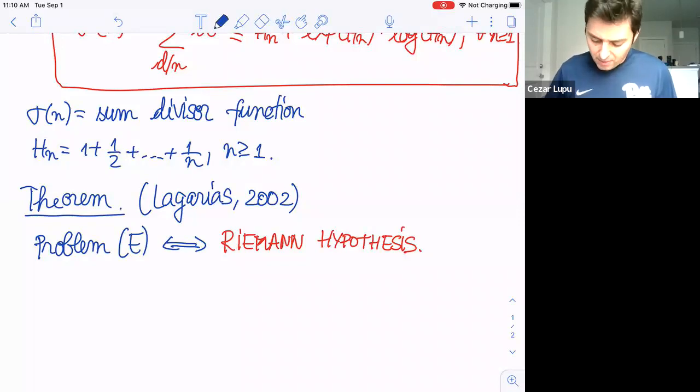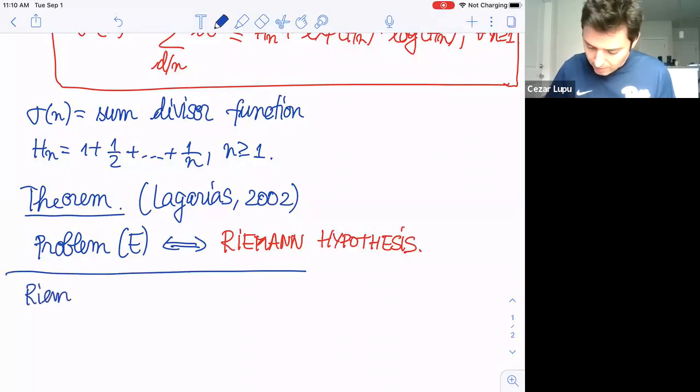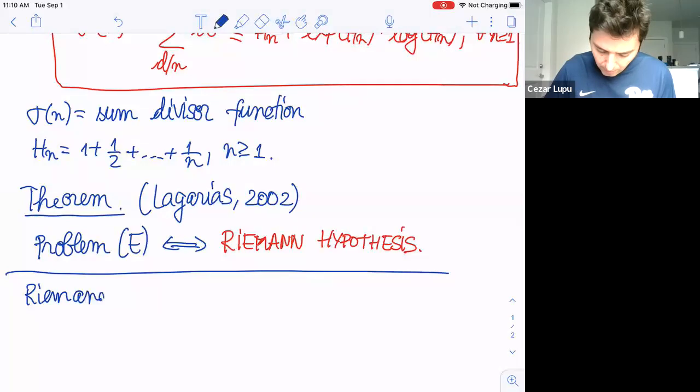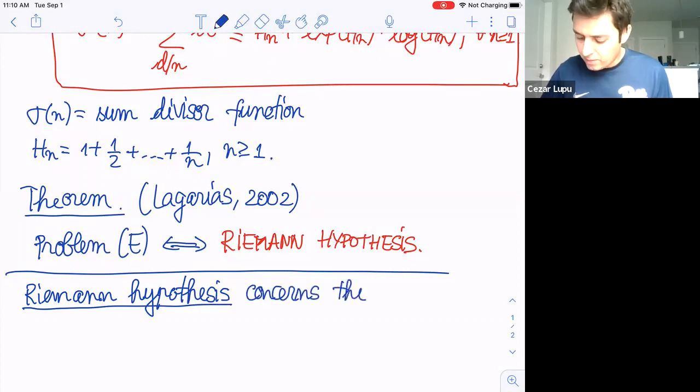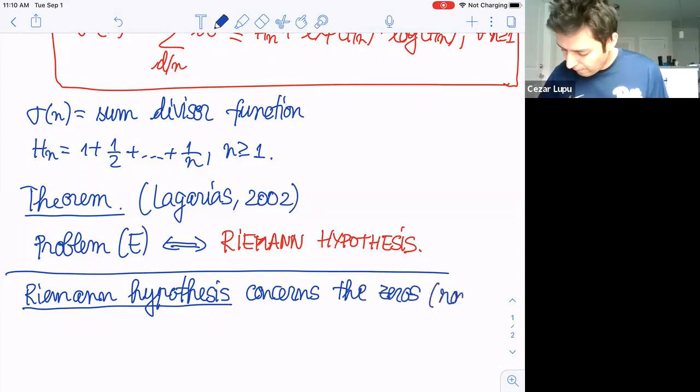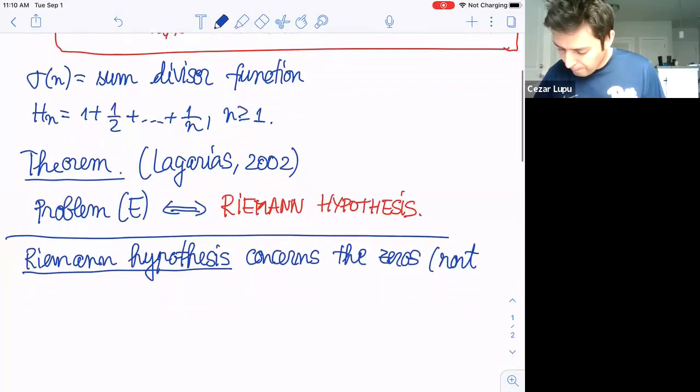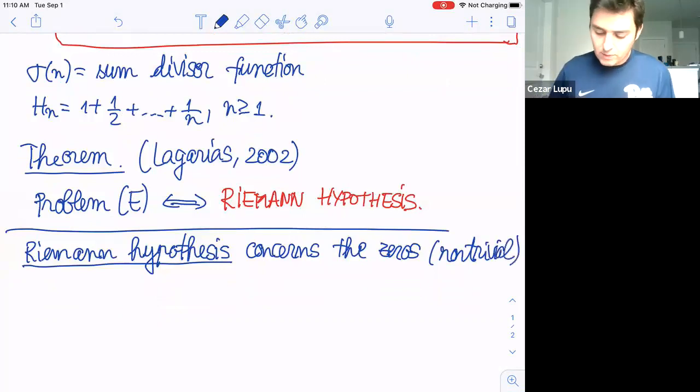The Riemann hypothesis concerns the zeros, and when I say zeros here, I mean the non-trivial zeros of the Riemann zeta function.